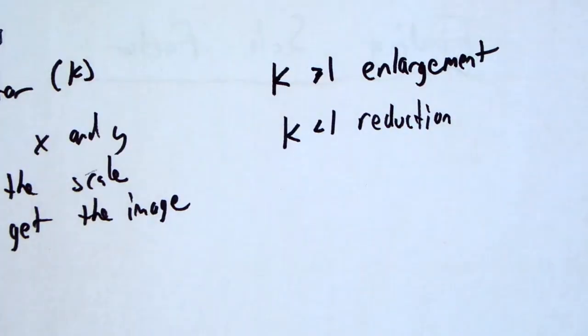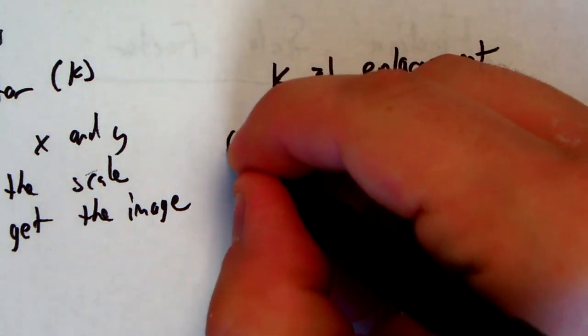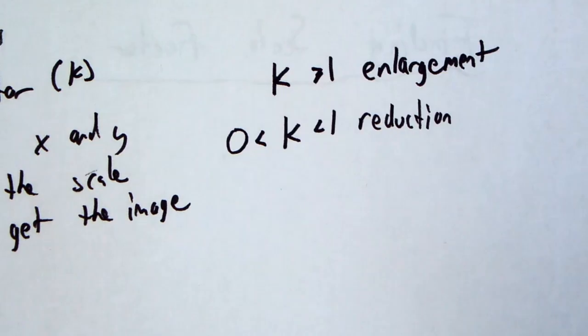The only thing we have to be really, really careful with, though, is we also can't go below 0. Because if we get to either 0 or below that number, we're actually going to be getting kind of a rotation. And if we get to 0, the entire figure is just gone.